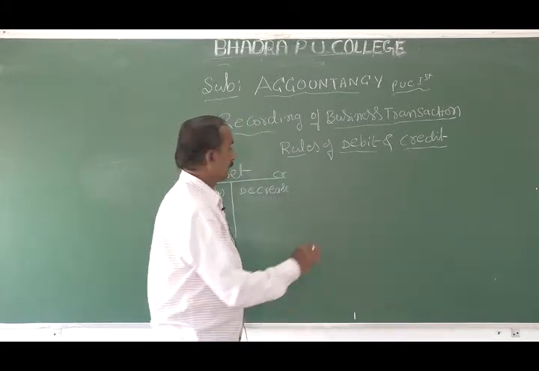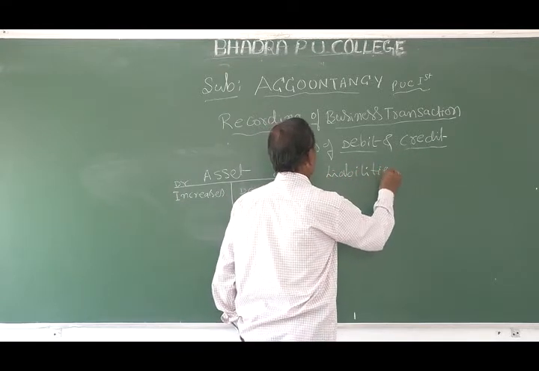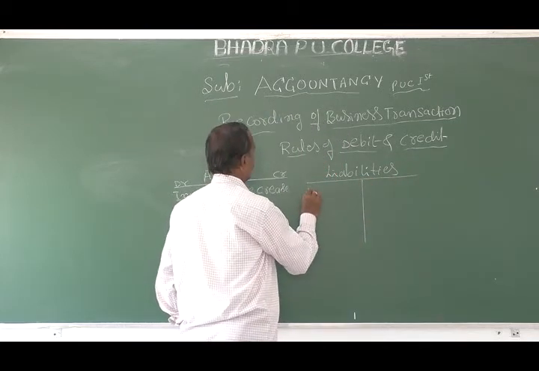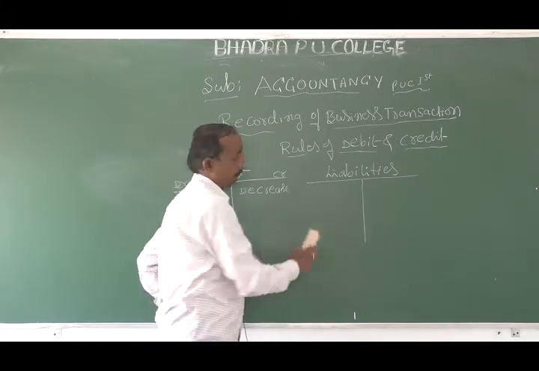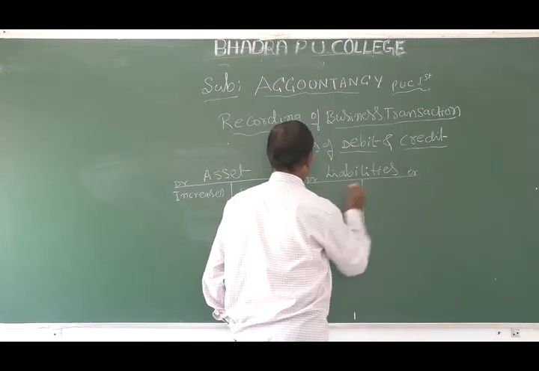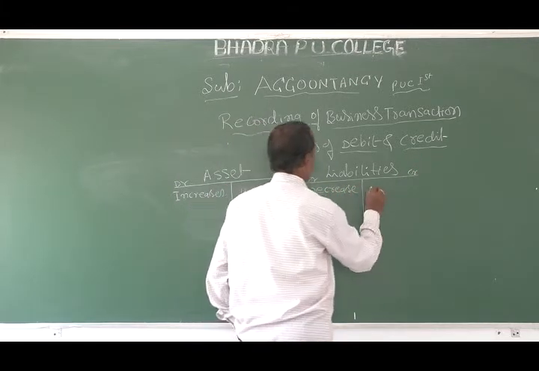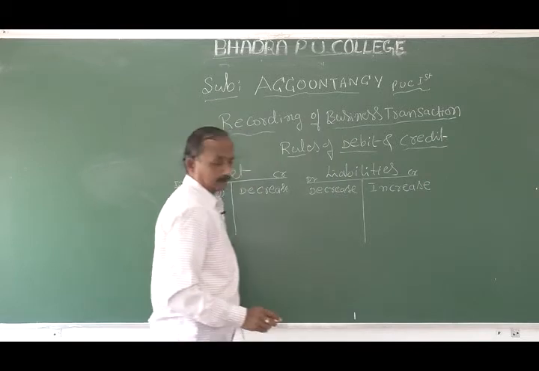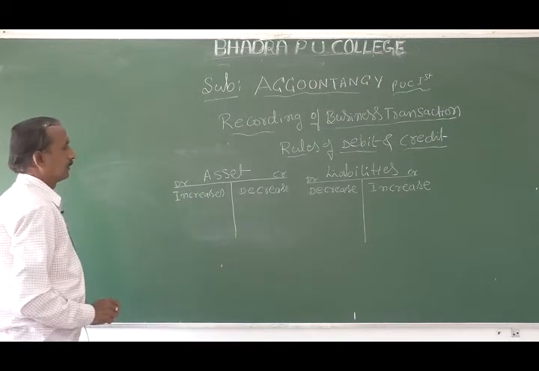Next, second one, liability: debit decreases, credit increases.